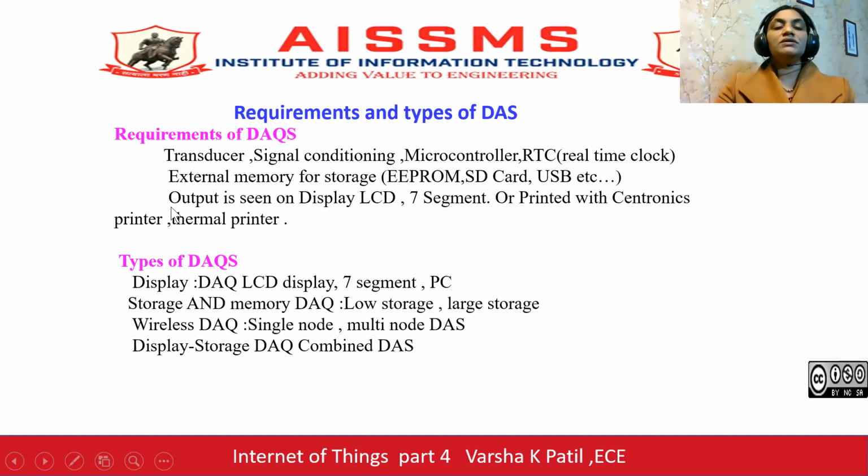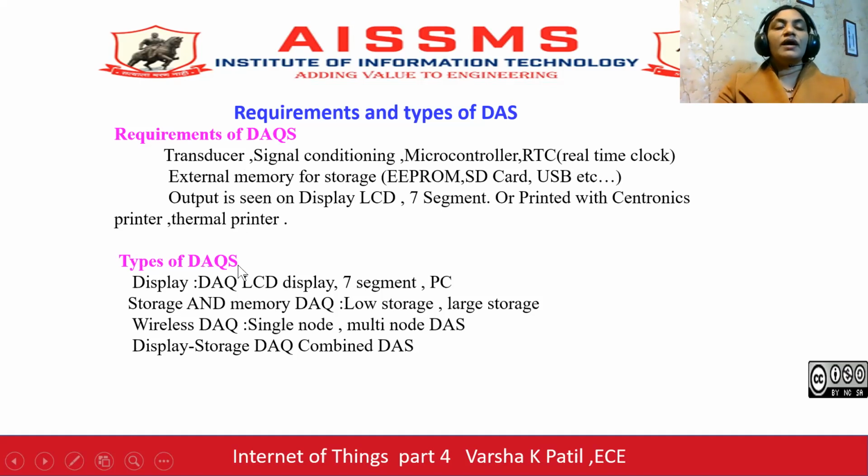And whatever is taken into consideration has to be shown on output, so we require an LCD, 7 segment display, or some printers. The output can be printed, or a thermal printer can be used. So these are the hardware requirements for building a DAQ.